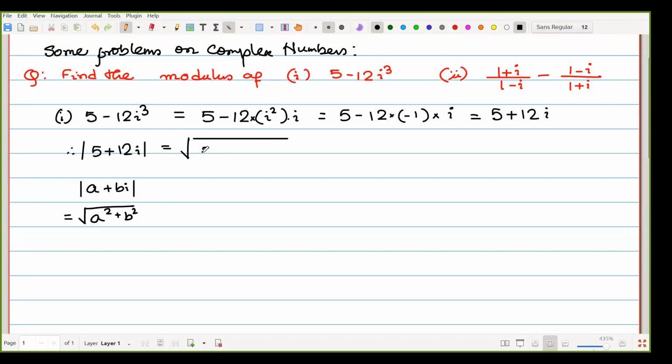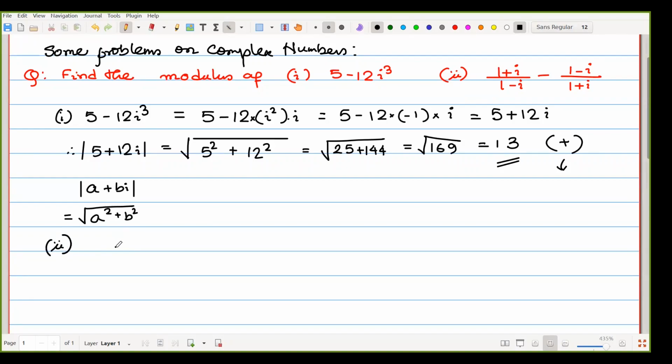So we can write it as square root of 5 square plus 12 square, that is 25 plus 144, or square root of 169, that is 13, and it is always plus as it is only the distance. So that is the modulus of the first problem.